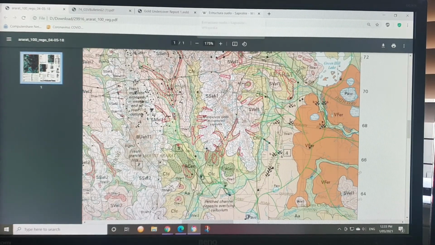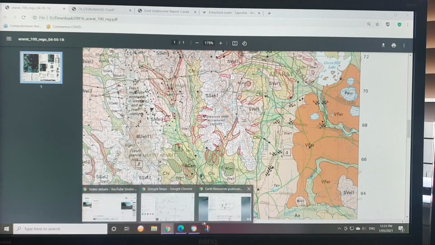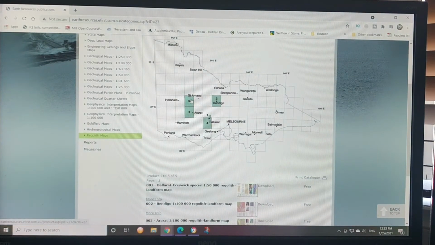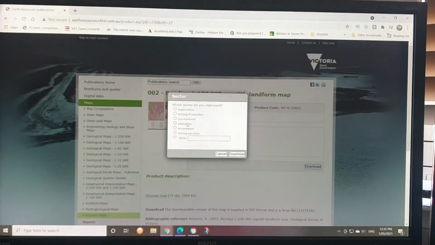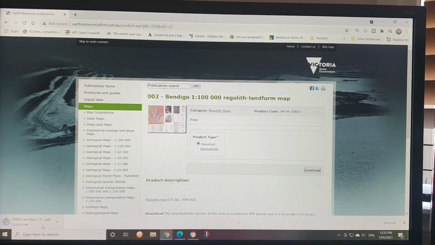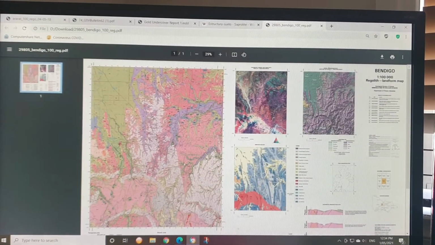If you go back to the actual report and you look up the actual Bendigo, so just download it, education. Then we open it up. You get the same thing.